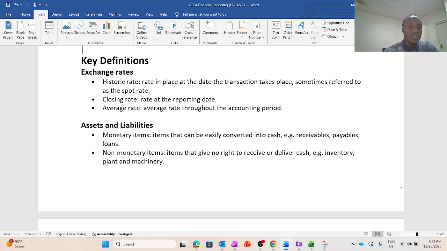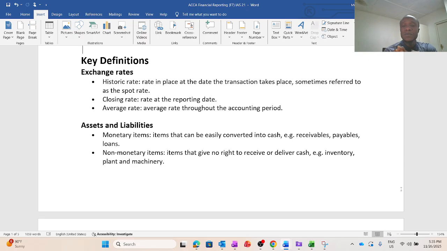Also, we need to understand the definition of monetary assets and liabilities. Monetary items are items that can be easily converted into cash, that are short of liquid cash. For instance, we are talking about receivables. We have the right to receive payment from our customers.